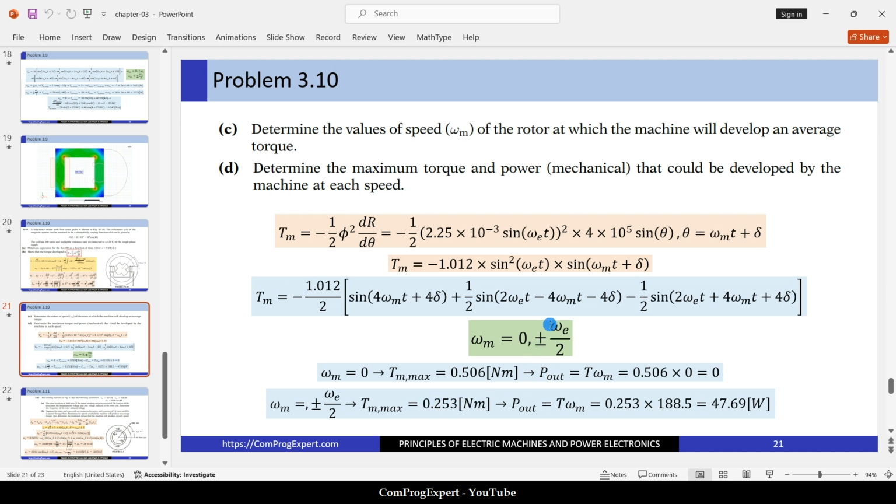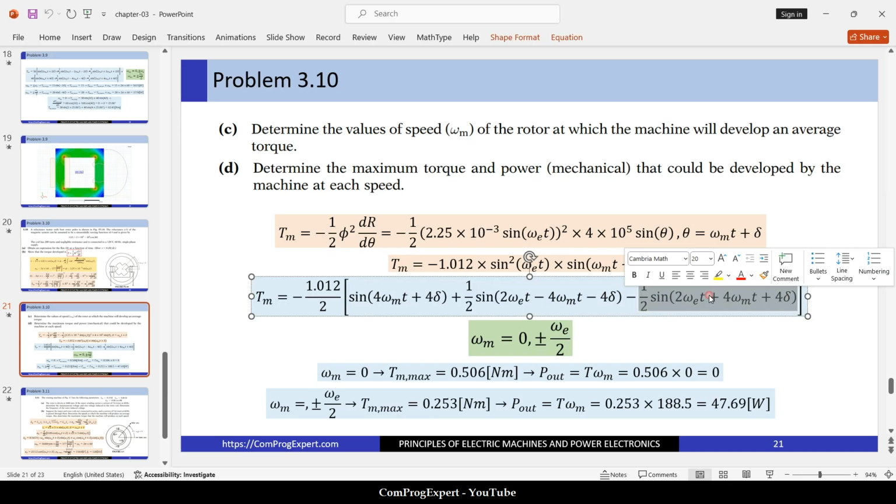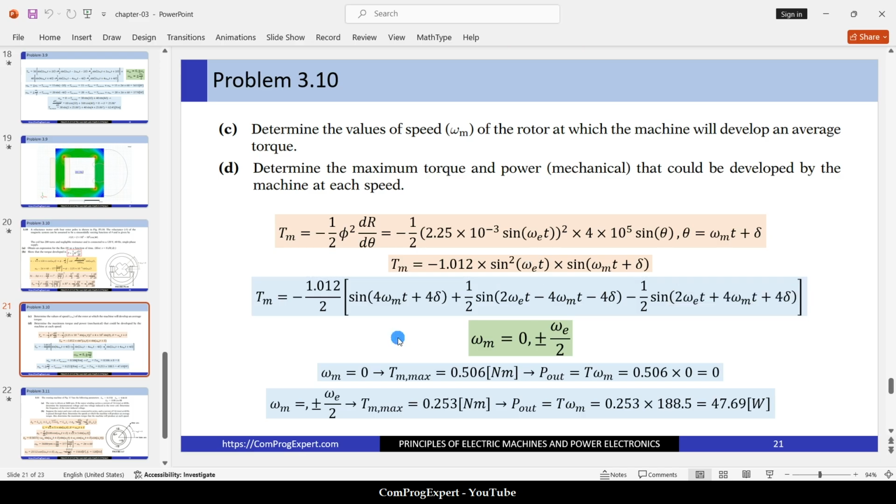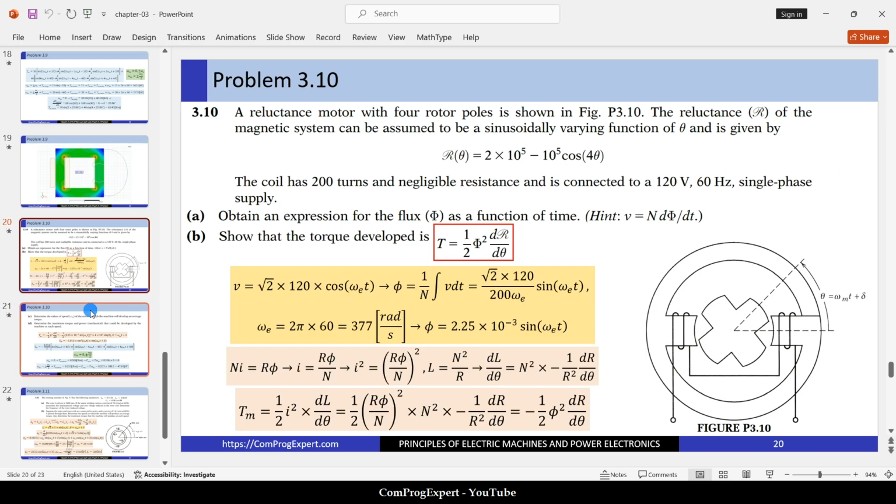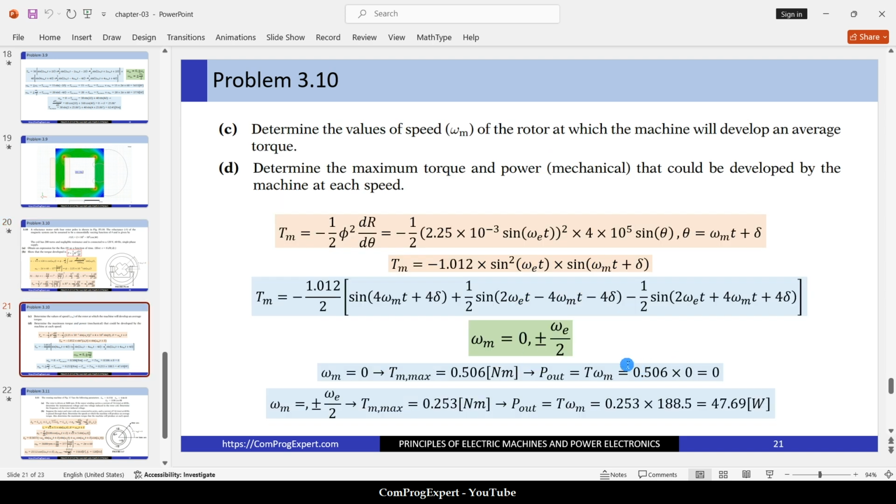For negative omega e divided by 2 we have the same interpretation for this term, and again the same maximum average value. As you can see, the average value of the reluctance torque depends on the initial position of the rotor, delta.